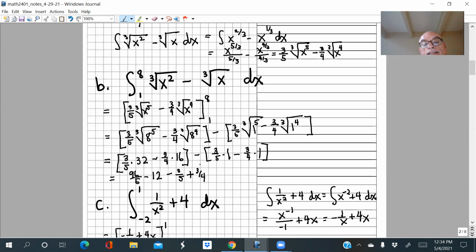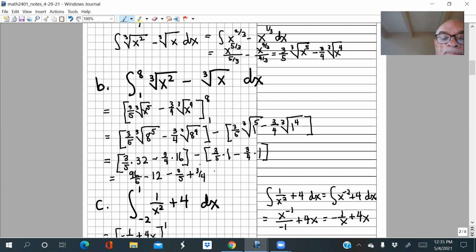So we have 96/5 minus 12 minus 3/5 plus 3/4. That really is the answer. Once you've gotten here, you've really got the answer written down. The only question is adding these numbers together.